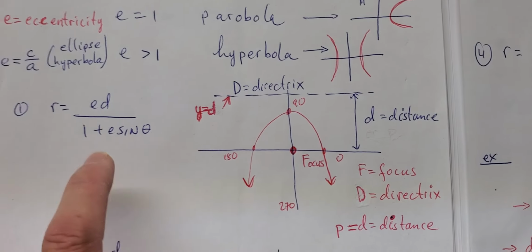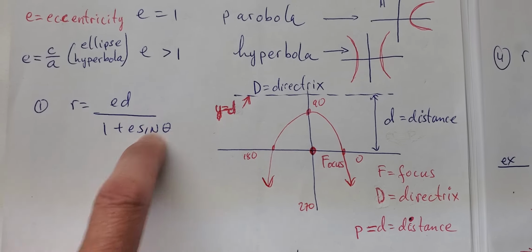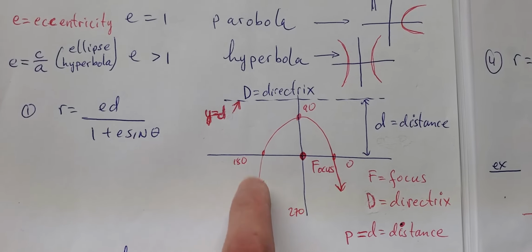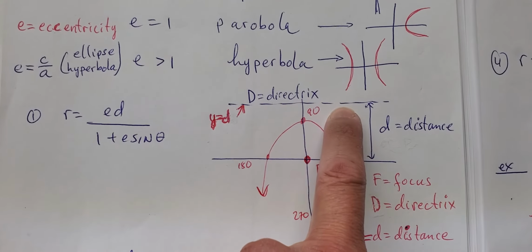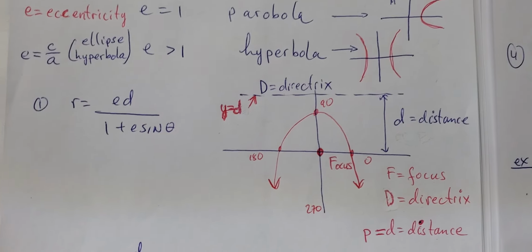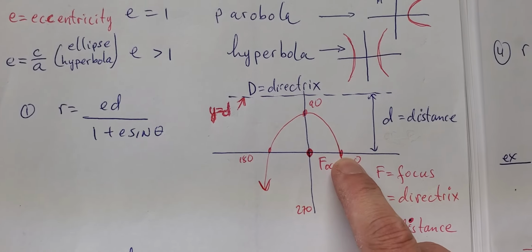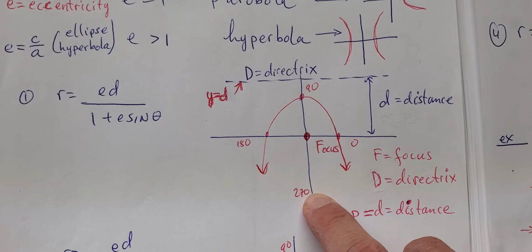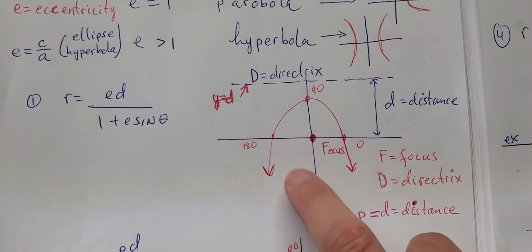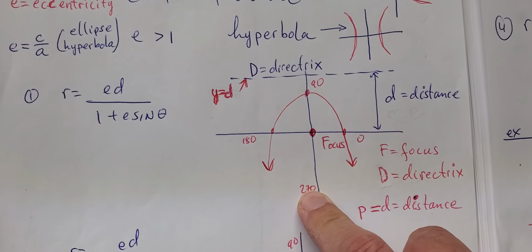If it's plus sine, your graph will be face down and your directrix should be on top. And then if you do the graph, you will have 0 degrees, 90, 180, 270 degrees. You will use these 4 points to graph.